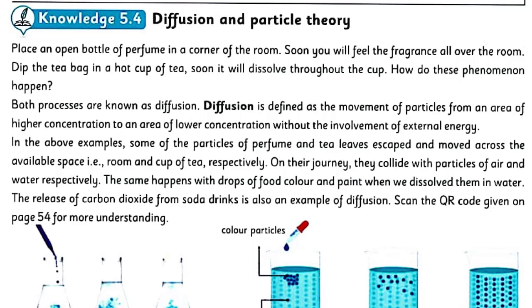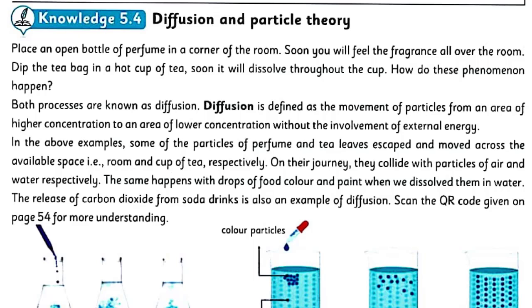Diffusion is defined as the movement of particles from an area of higher concentration to an area of lower concentration without the involvement of external energy. In the above examples, some of the particles of perfume and tea leaves escaped and moved across the available space, i.e., room and cup of tea, respectively.